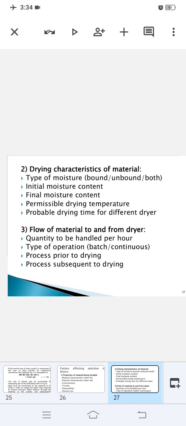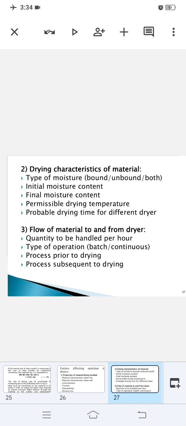Then the final moisture content, meaning after drying, what will be the final moisture content in that material. Then permissible drying temperature: will the material be able to handle a higher temperature or does it need a lower temperature dryer? Last one is probable drying time for different dryers.